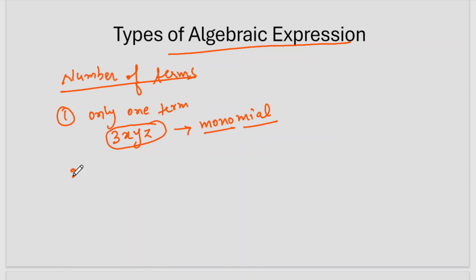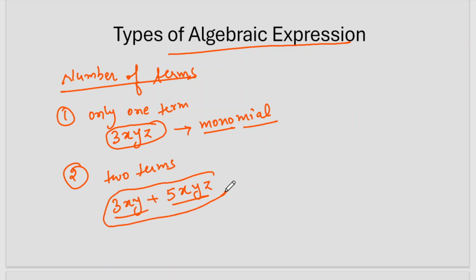Now, if I write two algebraic terms in any expression, suppose 3xy plus 5xyz, you can see here we have two terms which are separated by plus. So this will be a binomial.